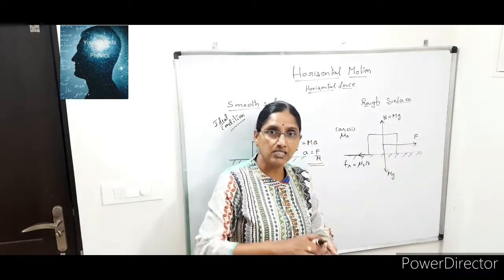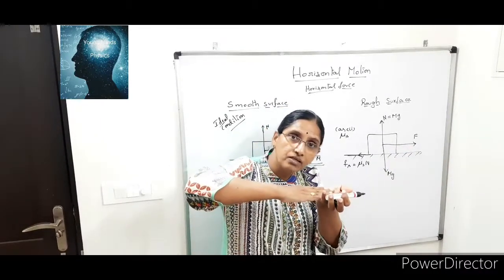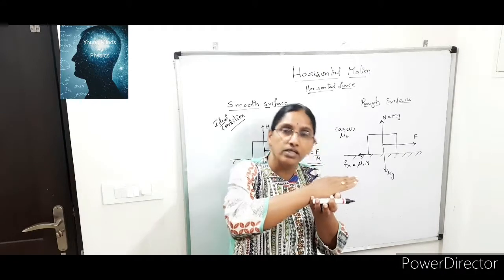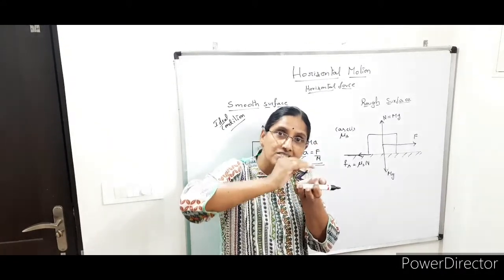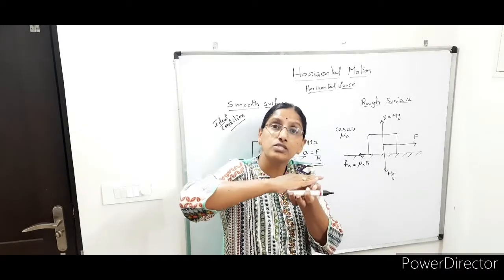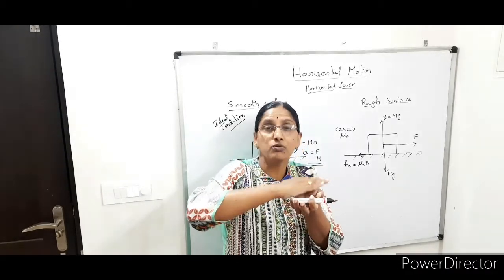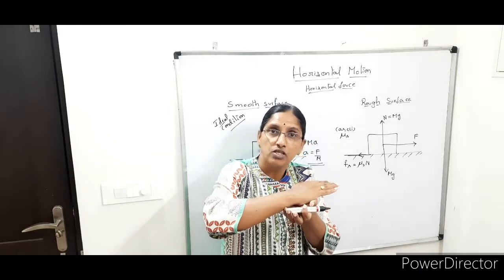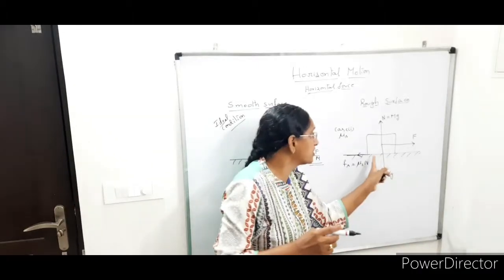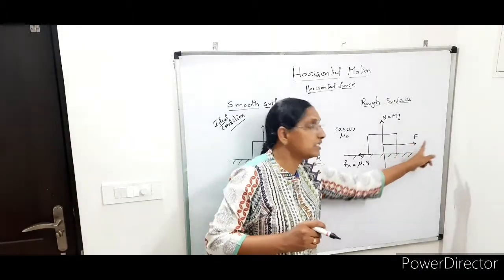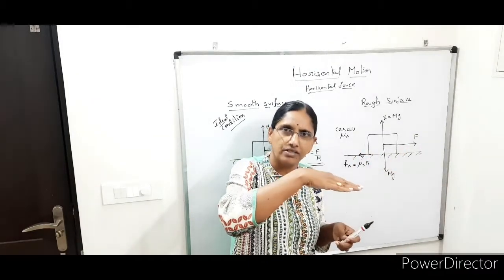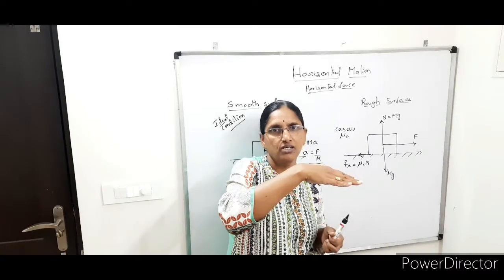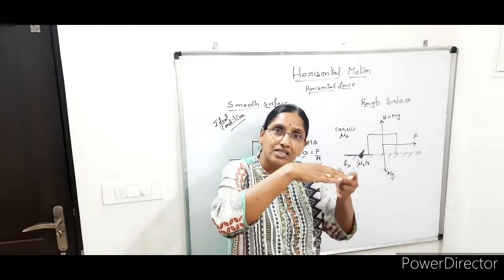Because as you start applying a force to make the body move on another surface, the friction between these two opposes the force applied, or opposes the motion. As you increase the force, the friction also increases. And there is a limit for it. That is called limiting friction, or the static friction. So there is a limit.